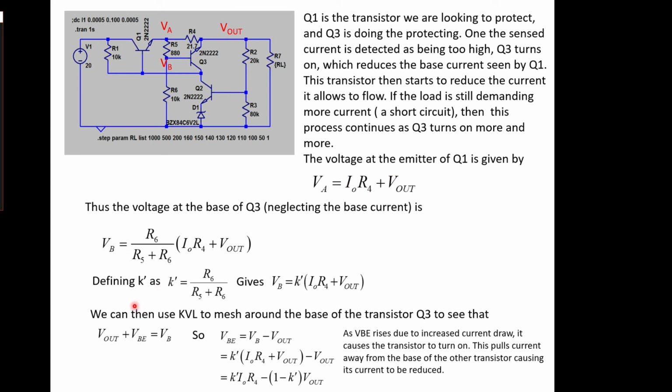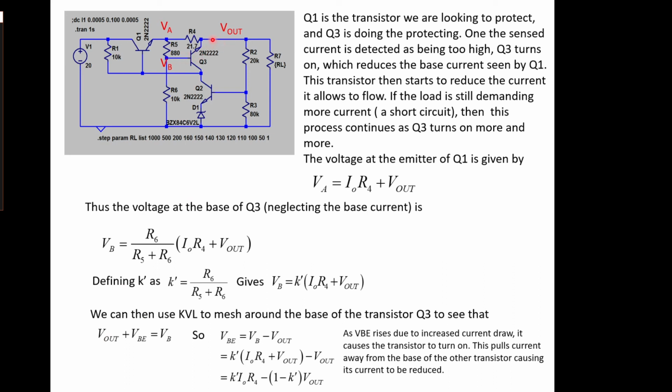Again, defining a new K primed as this voltage divider ratio gives us the base voltage equal to K primed, which is the ratio of two resistances, multiplied by some function of the output. You can then go round the mesh at the base of Q3 and work out that Vout plus VBE is equal to VB.